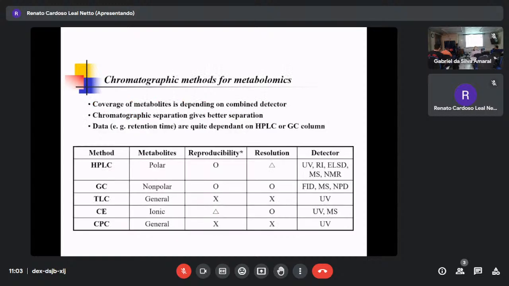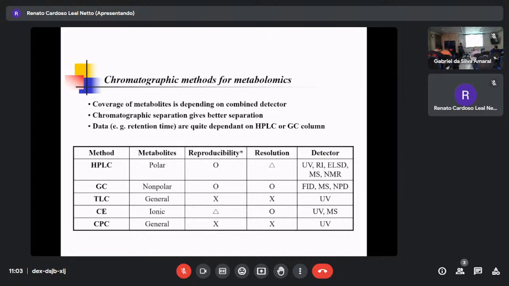So now chromatography methods for metabolism. HPLC usually targets metabolites with chromophores. And GC, no chromophore needed. TLC is general, but capillary electrophoresis is ionic, and CPC, centrifugal partition chromatography, is general. The reproducibility and resolution are all different. When you choose TLC, okay, I can detect many compounds, but resolution is not there.